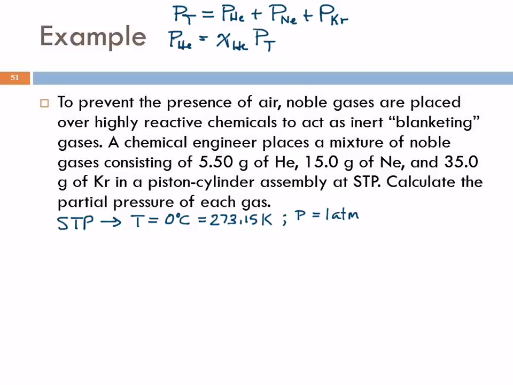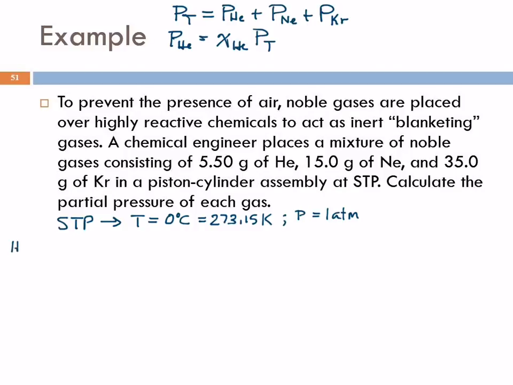Well, I've got masses of gases. Sounds like a Dr. Seuss book. Masses of gases. Do we do gas calculations with grams? No, we need moles, don't we? To figure out what the pressure of helium is, I need the mole fraction. So I'm going to have to figure out how many moles of each of these gases I have.